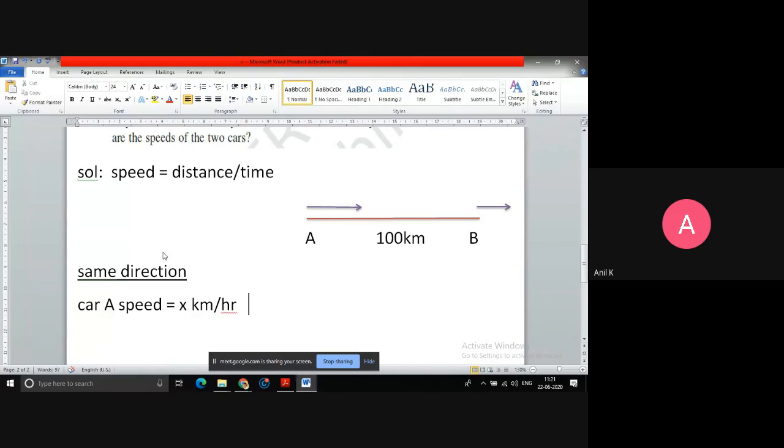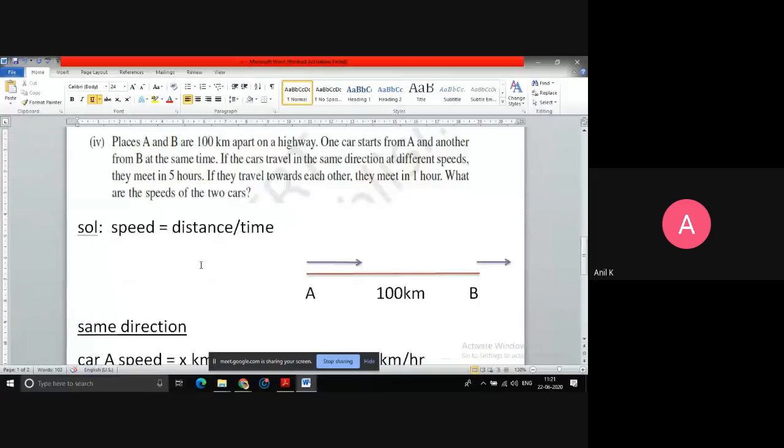Then car B speed equals y kilometers per hour. So A's speed is x kilometers per hour and B's speed is y kilometers per hour, and you have mentioned they are moving in the same direction. After how much time are they meeting? After 5 hours.